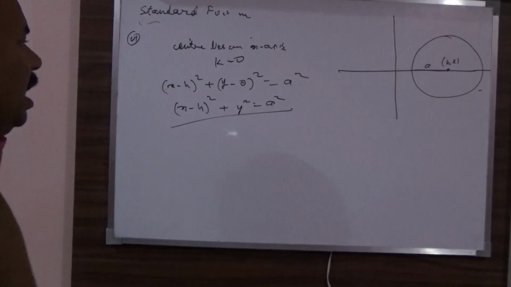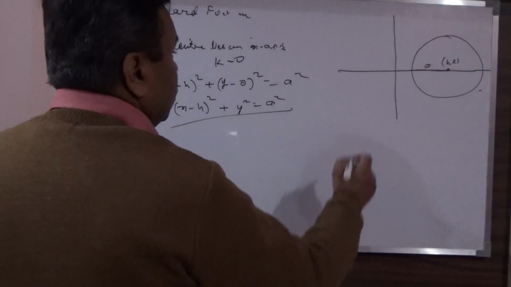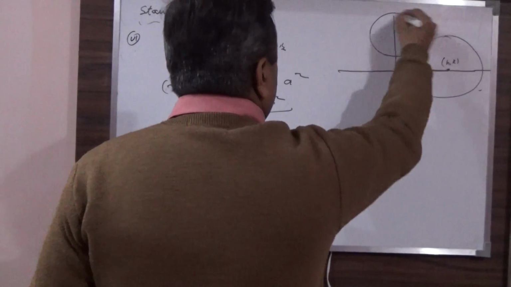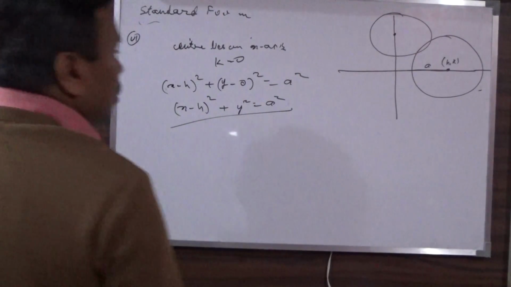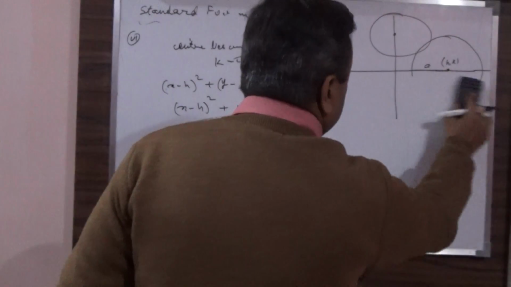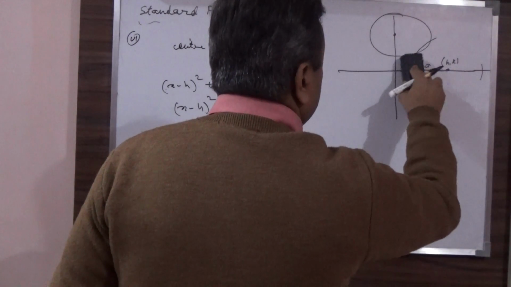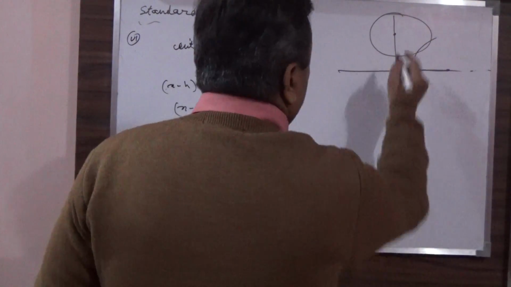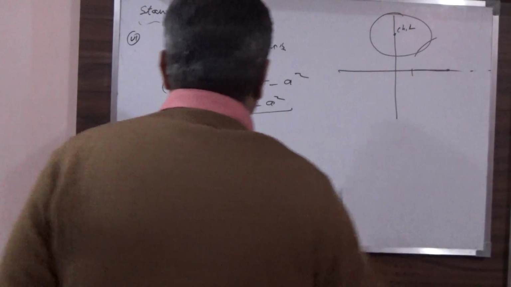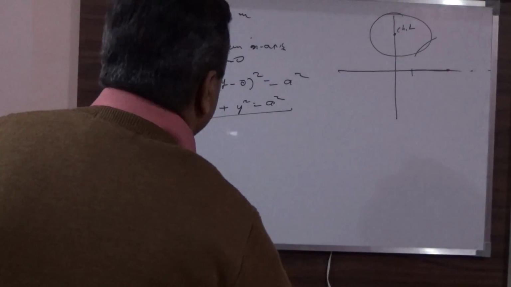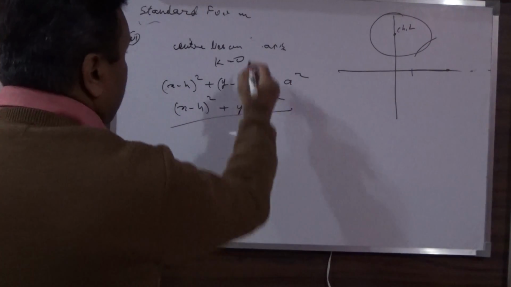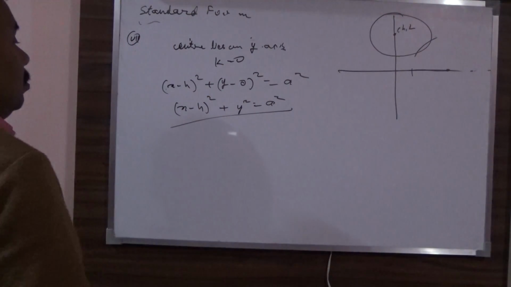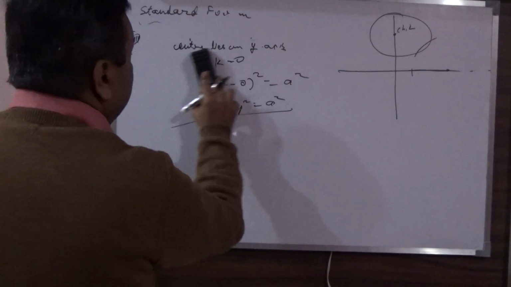Similarly, if the circle is lying on the y-axis, like for this, if this is the center, okay, I shall remove this. Now this will be (h, k), and in this case, if the circle is lying on the y-axis, then what will happen?